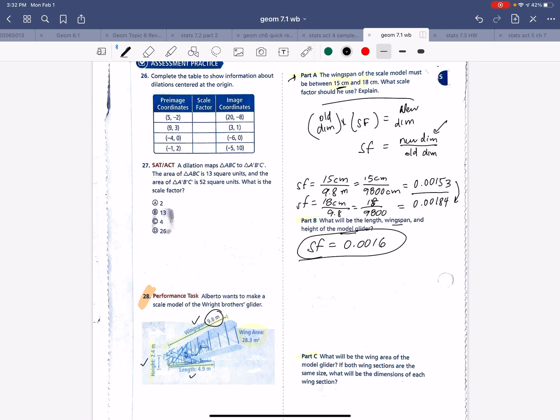So here's this formula. My new dimension of my model should equal my old dimension times my scale factor. So my new dimension of my length should be my old dimension, 2.4 meters, times my scale factor.